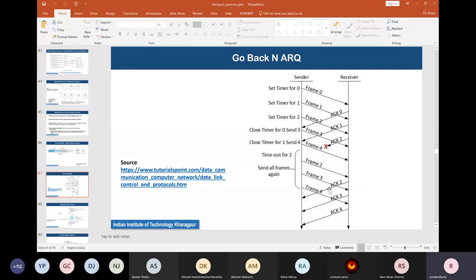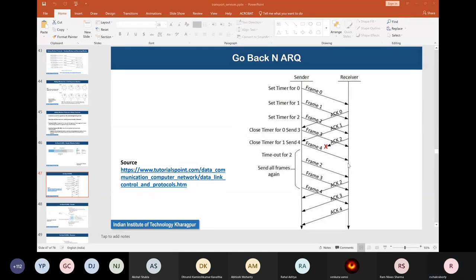Now the question is, was it necessary to send out 3 and 4? That is questionable. Maybe something bad happened with 2, and 3 and 4 are fine. Maybe 3 and 4, which were sent out earlier, properly reached the receiver.